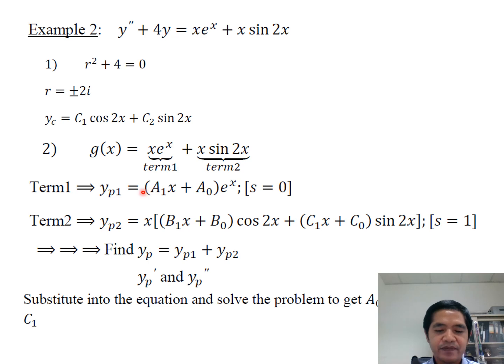And then you do the first derivative of yp, both yp1 and yp2, and also y double prime of yp1 and yp2, then substitute into y double prime plus 4y, and then compare the coefficients between these two to solve for a1, a0, b1, b0, c1, c0, and then to get the yp.